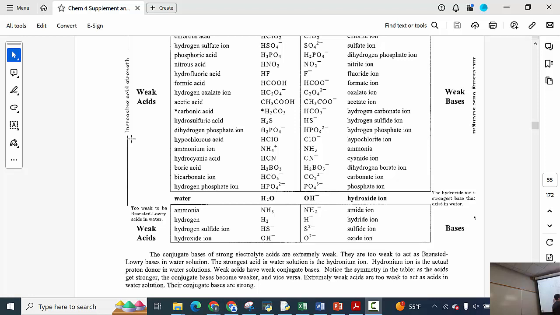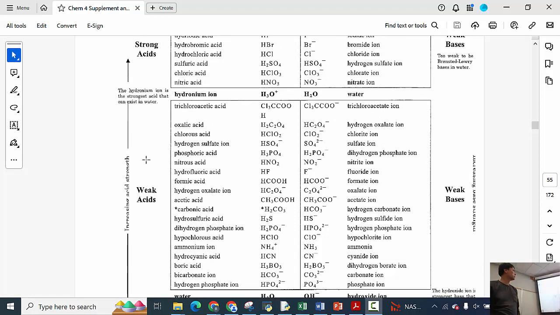And so what that means is oxide has a powerful affinity for proton. That is, it wants a proton, and once it gets it, then it holds on to it. And so if the acid is weak, its conjugate is strong. Oxide is a very powerful base because it really wants a proton, an H+.